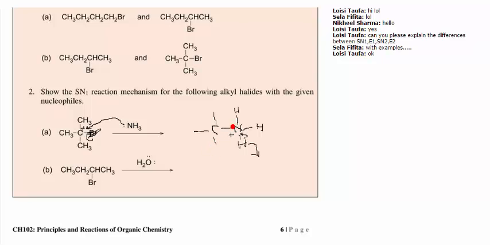So that's deprotonation, which is step 3. Leaving behind a molecule with the methyl groups and then the 2 hydrogen groups.